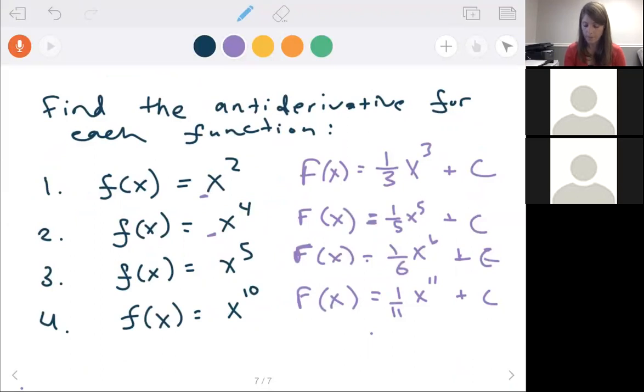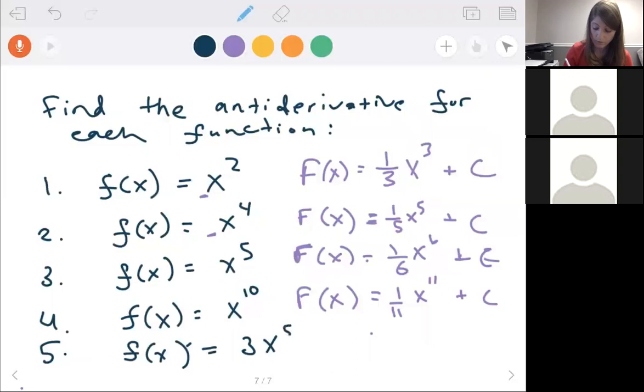So let's think about how to handle another example. Let's say I give you number 5, and I tell you that we're going to have 3x to the 5th. Can we find the antiderivative? Now, let's walk through this one together.